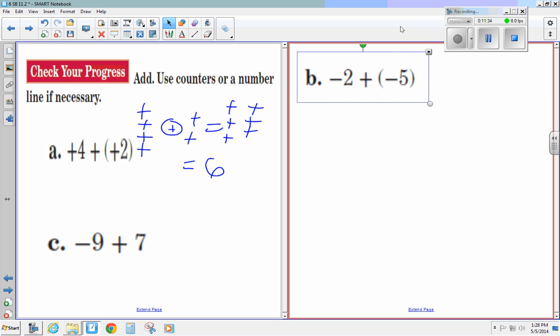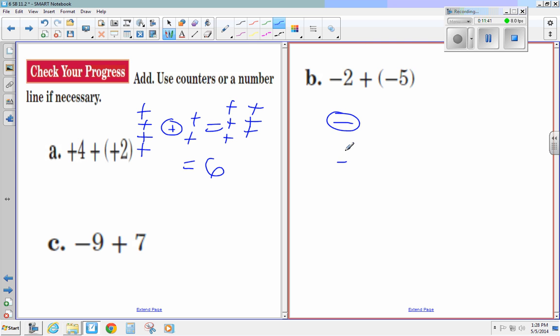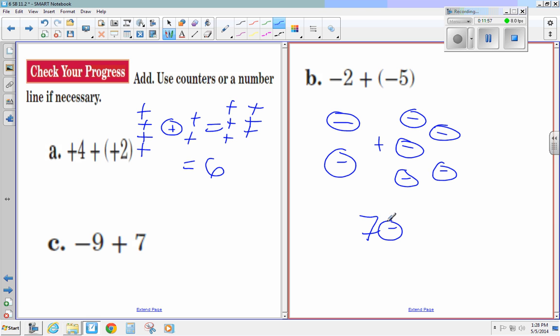Now we have some negatives. Let's use counters again. Negative 2 would be a minus, a minus. You're adding 5 more minuses. 2, 3, 4, 5. You're adding them together, so that's 2 minus, 3, 4, 5, 6, 7. 7 negative signs. That means my answer is negative 7.